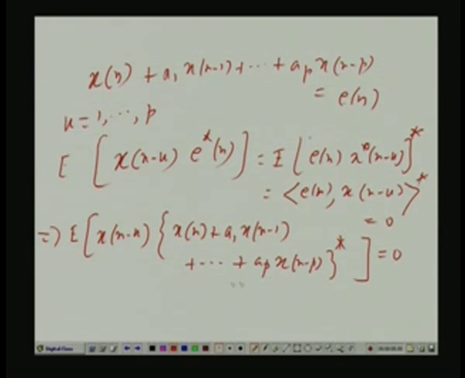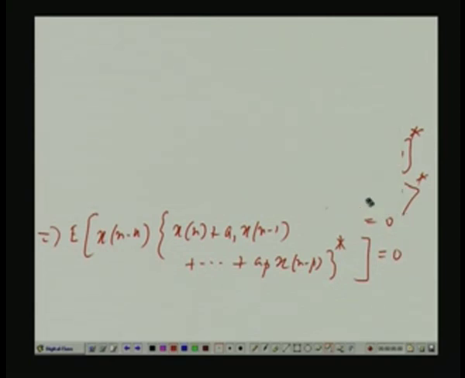If you work it out, what will we be getting? First term will be what? We start at k equal to 1, and then k equal to 2, then up to k equal to p, we will see some beautiful things. So this is true for all k from 1 up to p. Let us start with the k equal to 1 case first, then k equal to 2, and so forth. So for k equal to 1, first term will be what?